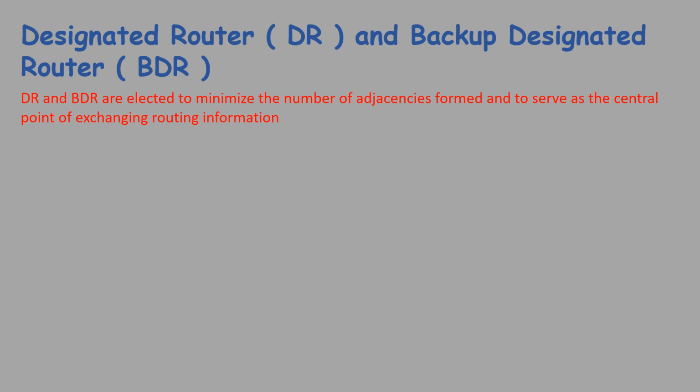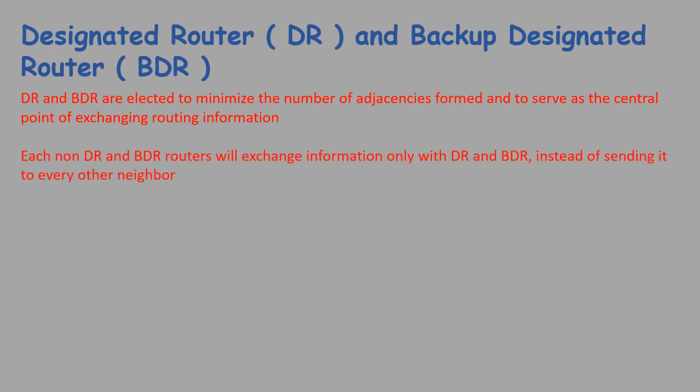However, on point-to-point links, the DR and BDR are not elected since only two routers are directly connected.